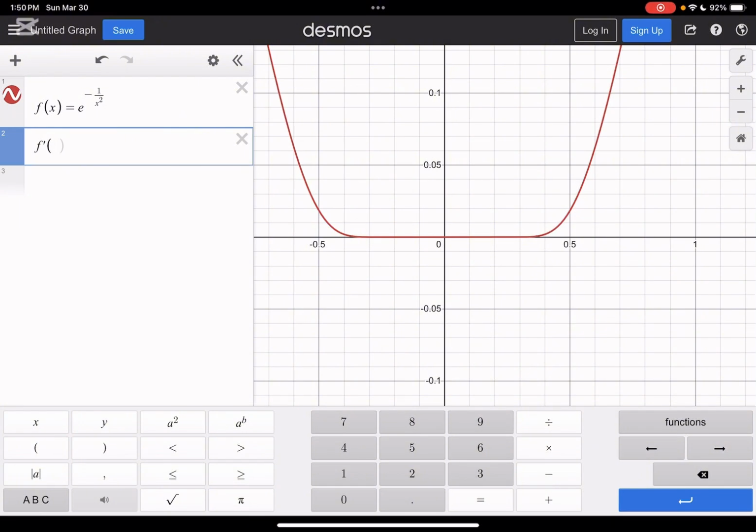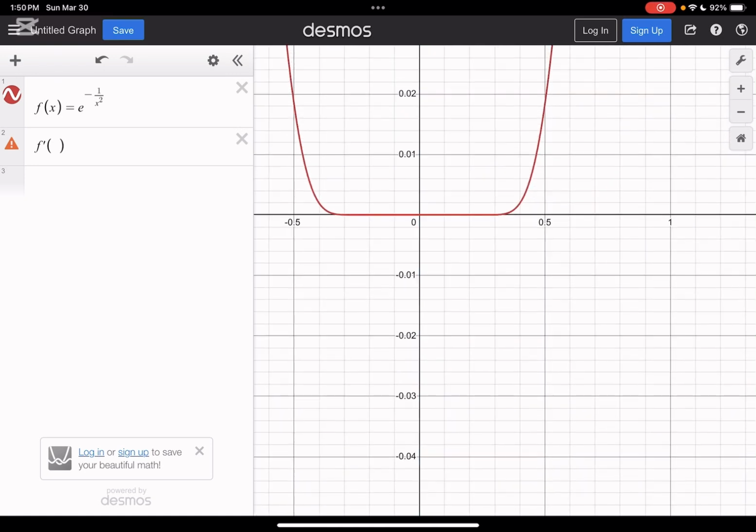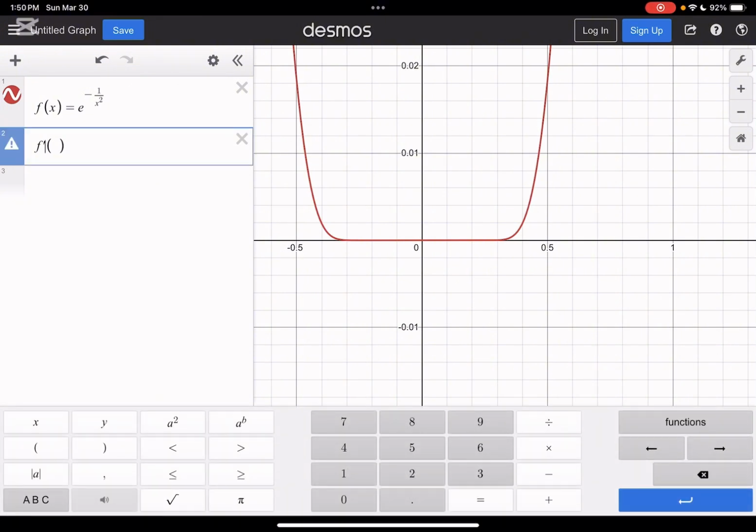Or sorry, maybe not at 0, because 0 is a point. But would you agree that around 0, it's a flat line, right? Like it asymptotes towards 0, the slope. So if we take a very small number, notice how it's 0. Decimals break down. It's not actually 0. It's very close to 0.